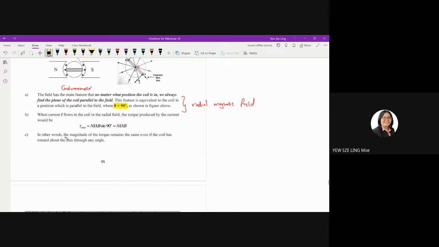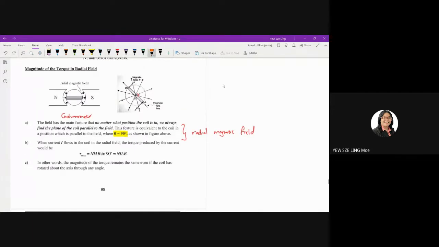So in other words, the magnitude of the torque remains the same even if the coil has rotated about the axis through any angle. This is unlike a parallel magnetic field. If you have a parallel magnetic field, then the value of the torque will keep changing.